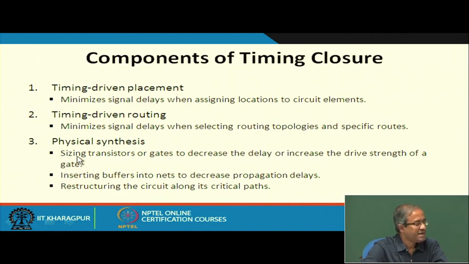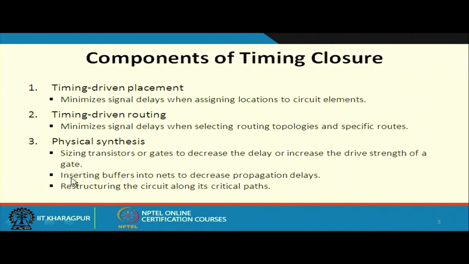You can make a transistor or a gate bigger or smaller, this is called sizing. If you make it bigger, the delay will decrease, if you make it smaller, the delay will increase. So, depending on whether you want to decrease or increase the delay of a path, you may properly size a gate or a transistor. This is the first technique.